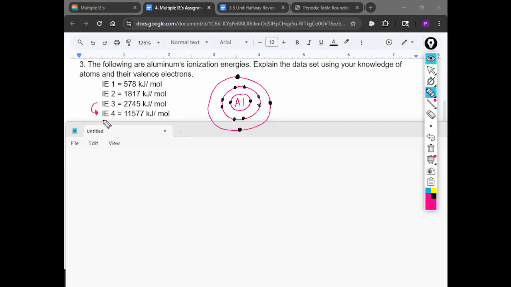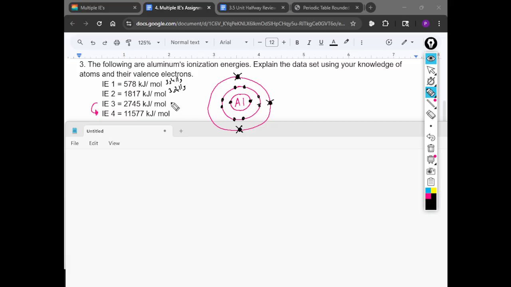Let's take a look at what happens in each of the ionization energies. For ionization energy 1, if you take away 1 electron, you will notice aluminum will still have 3 shells, right? For IE2, you're going to take away a 2nd one, and it is still going to have 3 shells. But after the 3rd one, how many shells do we have for aluminum?